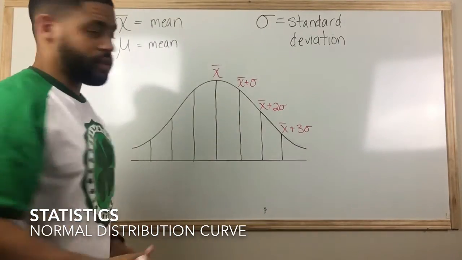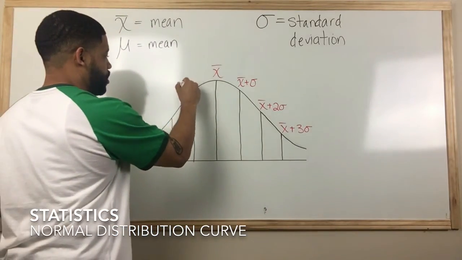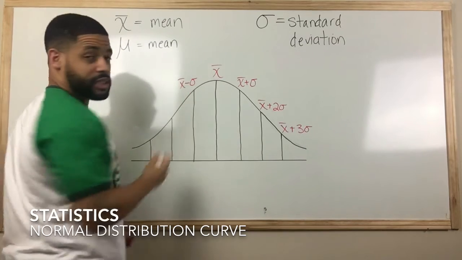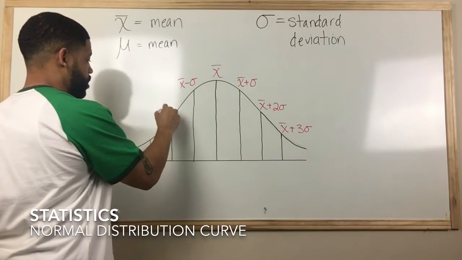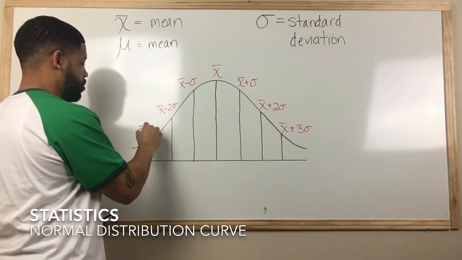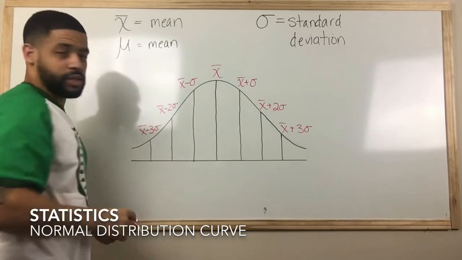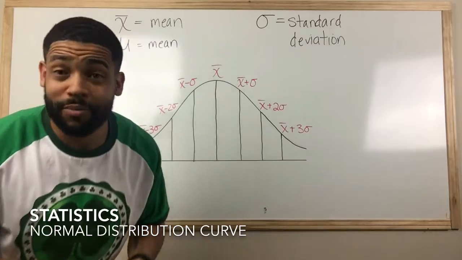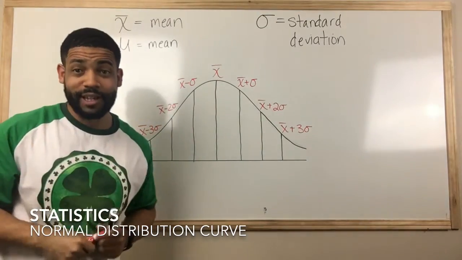That's on the right side of the curve. On the left side of the curve, you have the mean minus 1 standard deviation, the mean minus 2 standard deviations, and the mean minus 3 standard deviations. Now, it might be confusing you right now, but I'm going to break it down and make it plain and simple.